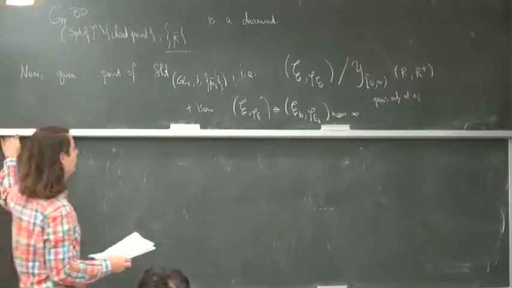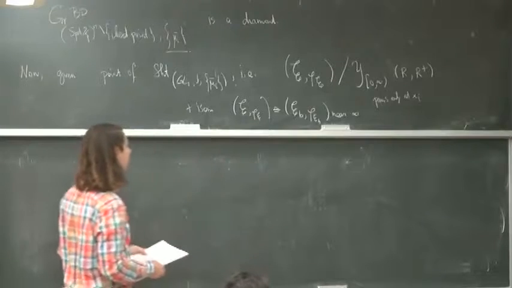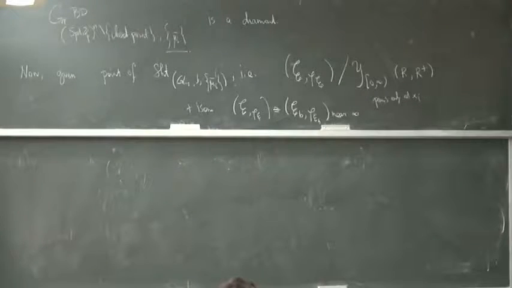So what we can do is extend this isomorphism all the way. It won't be an isomorphism anymore, it will have some meromorphic poles.